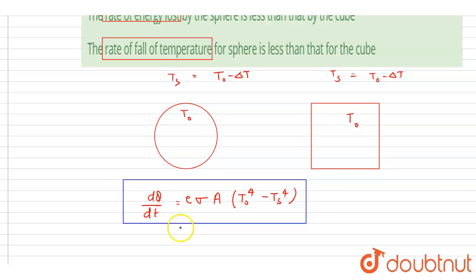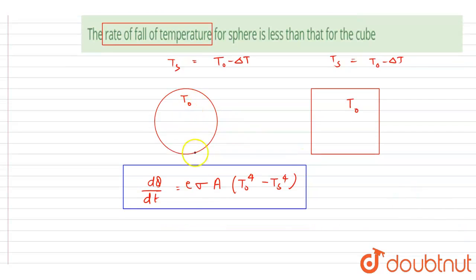If I talk about the rate of fall of temperature, for that you have to see which of these two has more mass or less mass. The heat taken is m s dT.